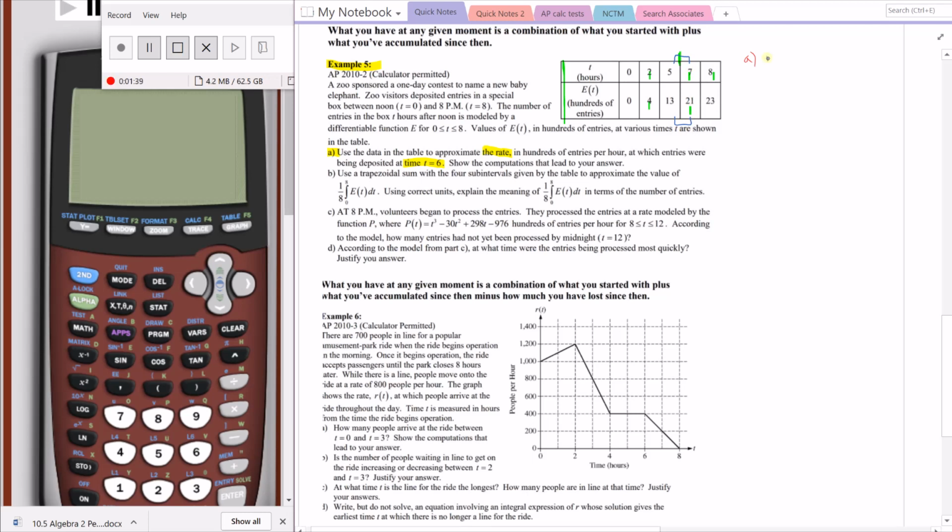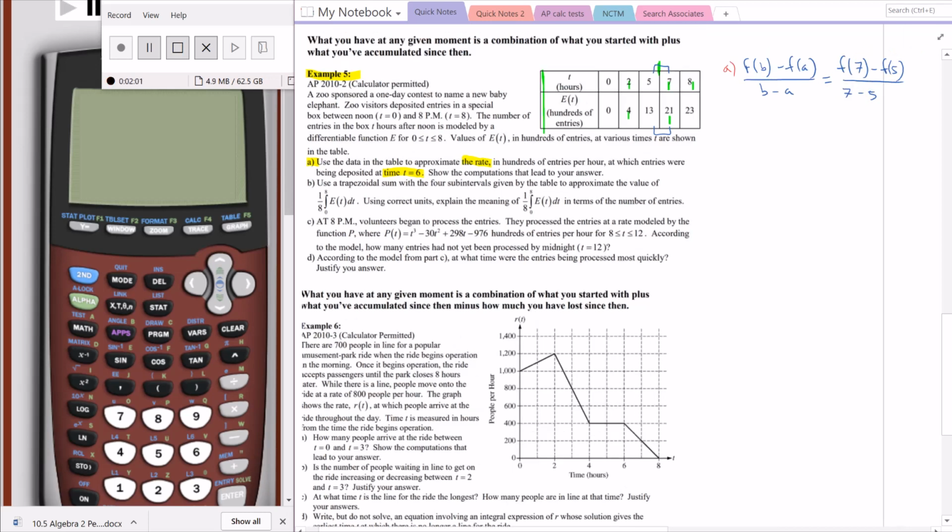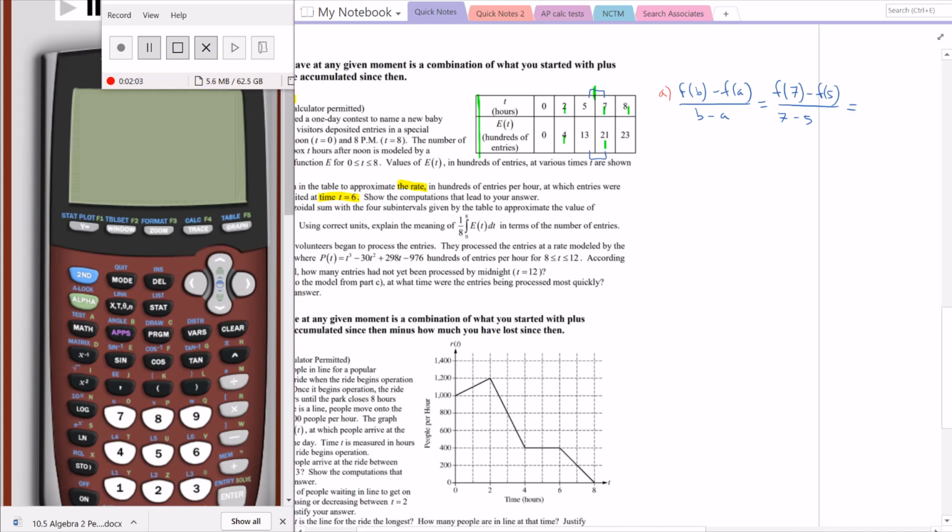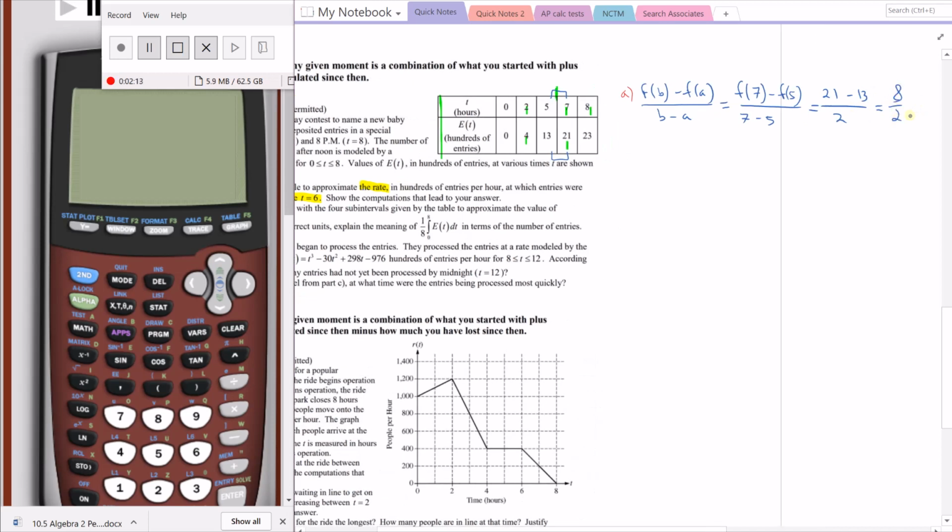But the official formula for doing it is the slope of a secant line. In this case, it's E of 7 minus E of 5 over 7 minus 5, which is 21 minus 13 over 2, which is that calculation we already did, 8 over 2, which is 4.